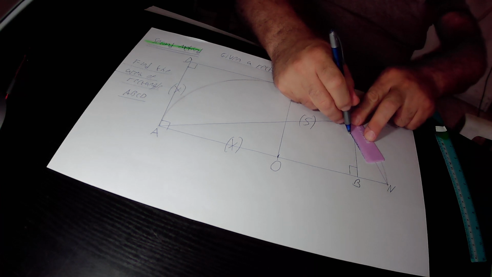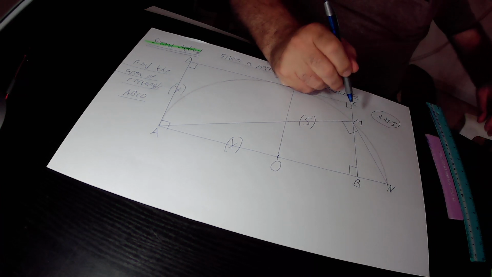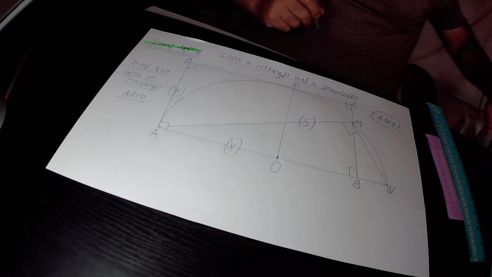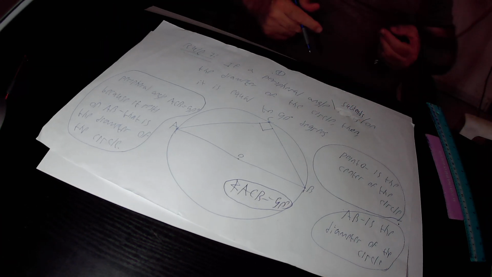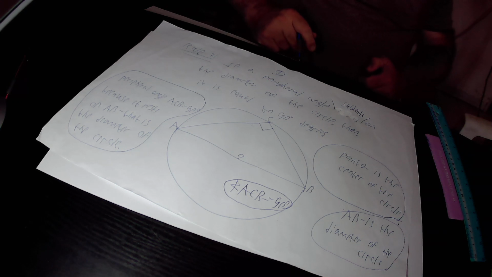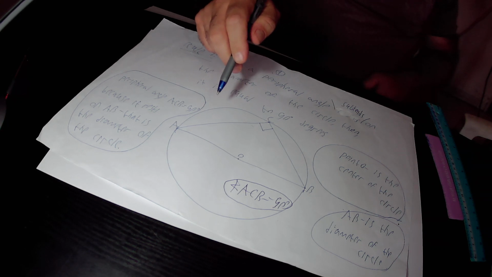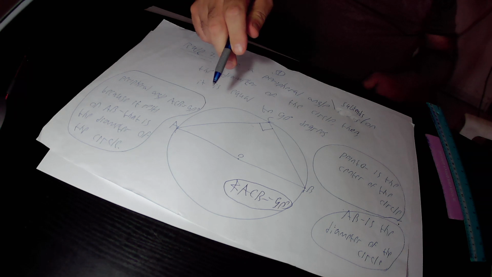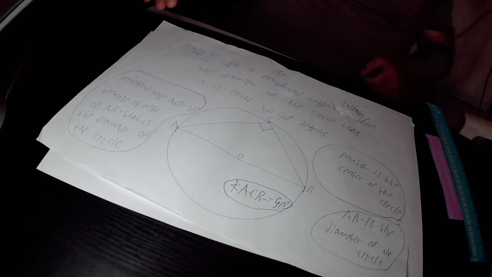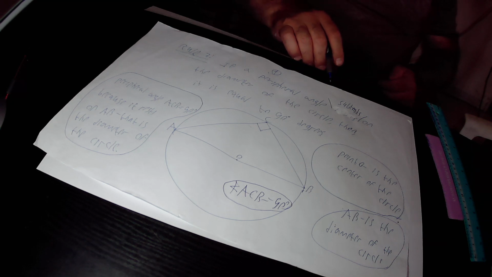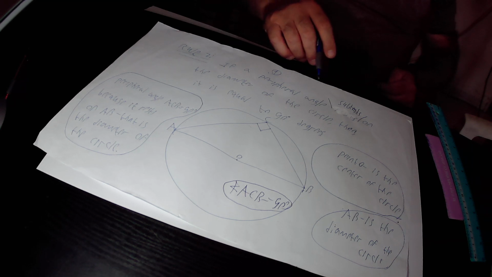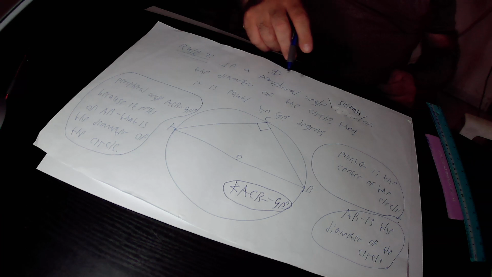So I repeat quickly rule 7. According to rule 7, if a peripheral angle subtends on the diameter of the circle, then it is equal to 90 degrees.